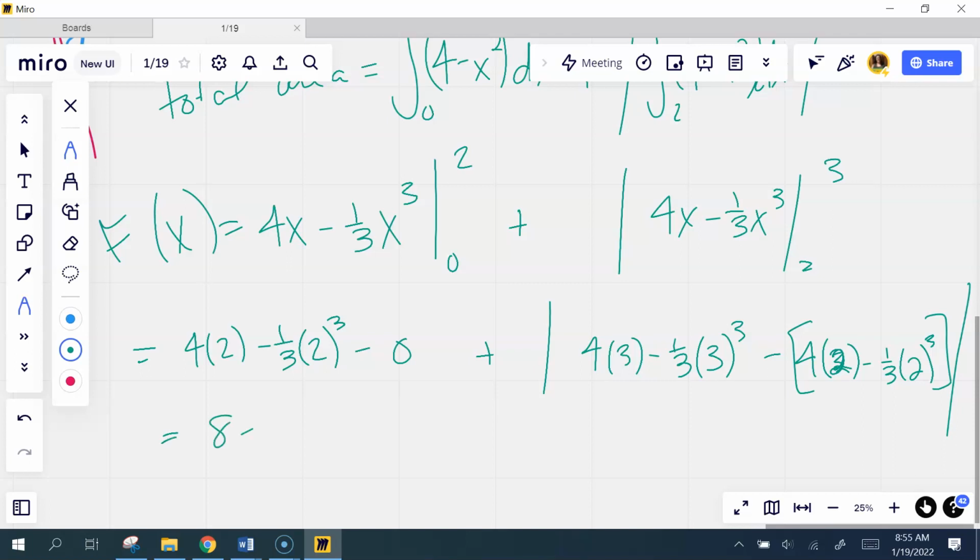Eight minus 8/3. 12 minus 27, that's 9, times 1/3 minus.